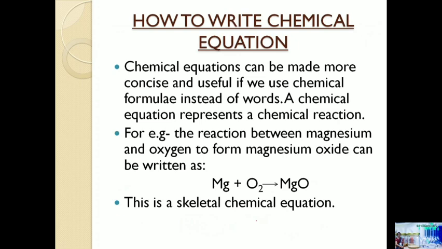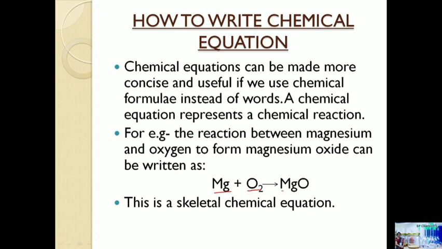So how to write a chemical equation? Chemical equations can be made more concise and useful if we use formulas instead of words. If we consider burning of magnesium ribbon, instead of magnesium we can write Mg, instead of oxygen we can write O2, and magnesium oxide is formed as a product.